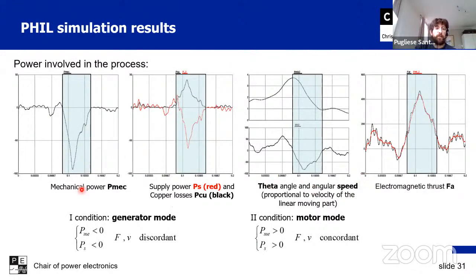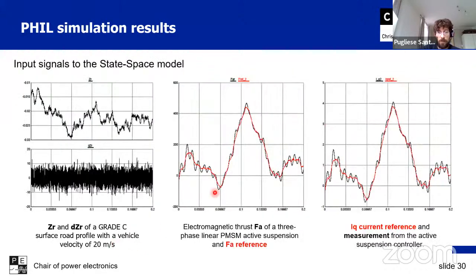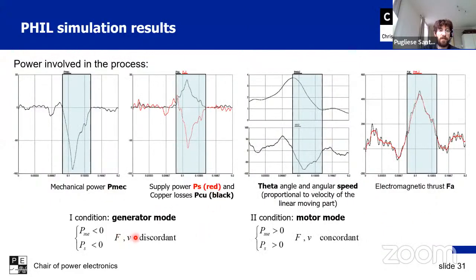As we said, based on the direction of the force F of the suspension and the linear velocity of the motor, we can understand whether we are in generation mode, and so regenerating, or in motor mode.